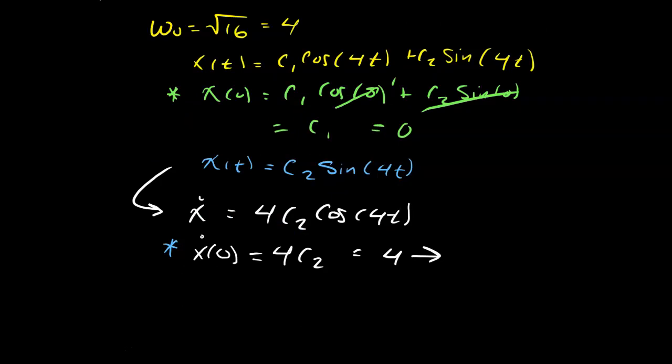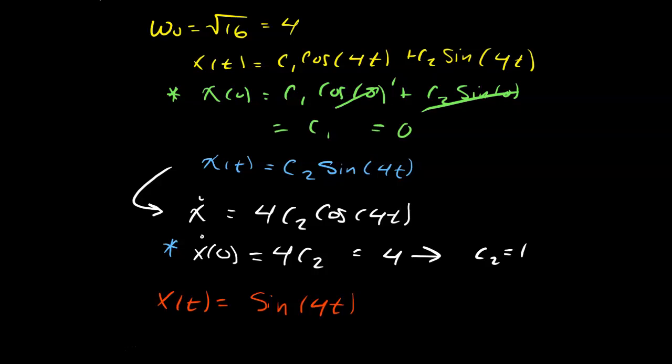And this solves very easily to c2 equals 1. Thus, our general solution to this problem, so x of t is equal to, using this equation here, just sine of 4t.